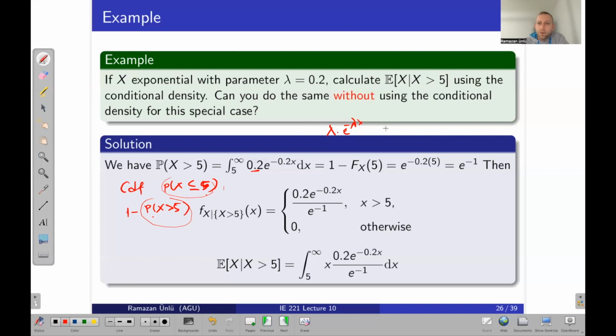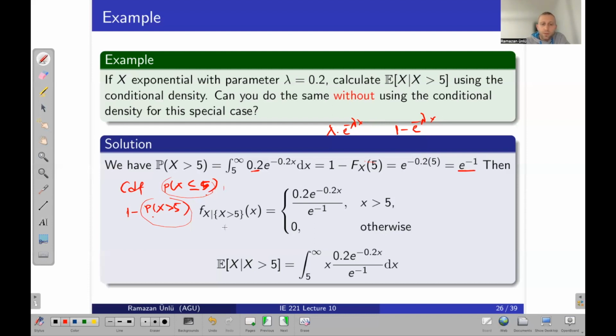The CDF of the exponential distribution is 1 minus e to the minus lambda x. If I put this formulation here, I will end up with e to the minus 0.2 times 5, which is equal to e to the minus 1.